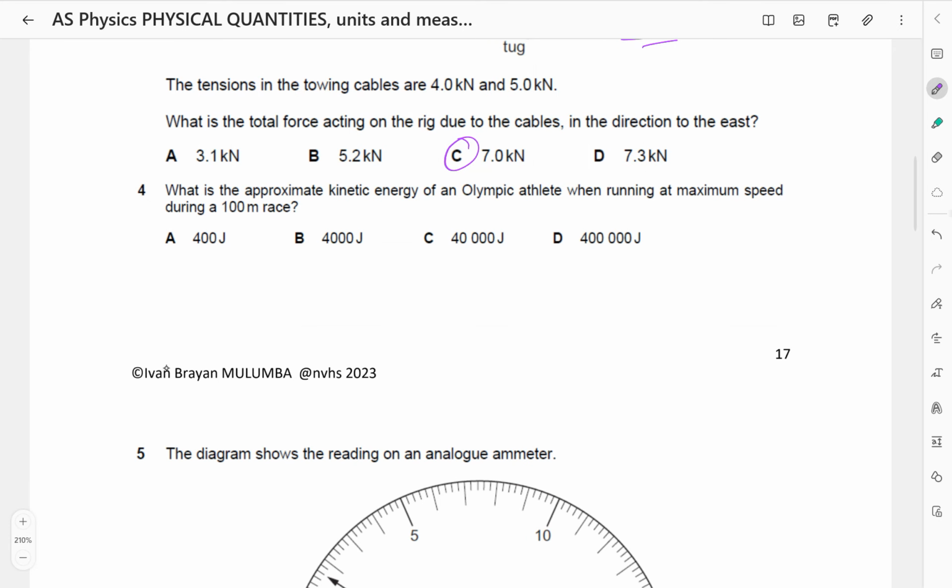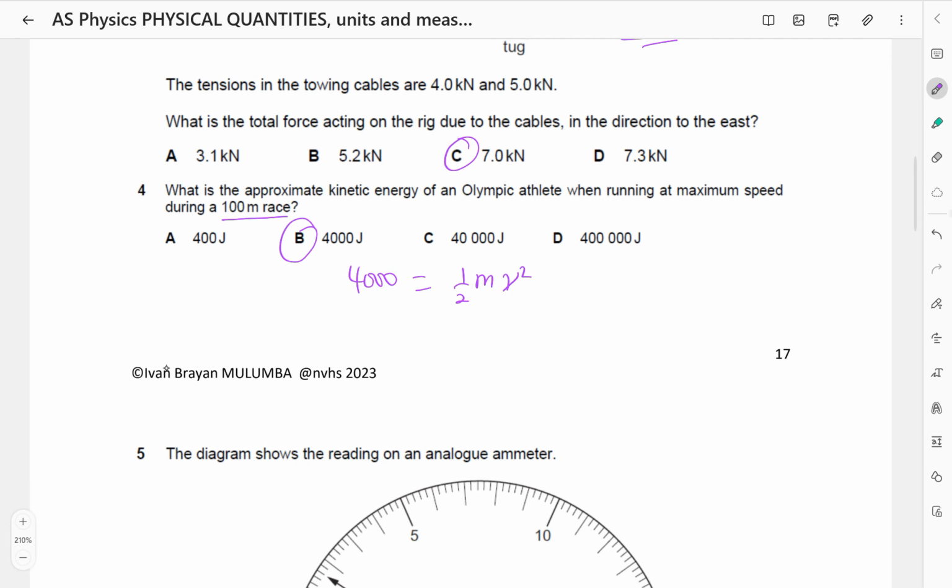What is the approximate kinetic energy of an Olympic athlete when running at maximum speed over 100 meters? I think we have answered this question already, and the answer is B. Remember, kinetic energy is equal to a half times the mass times v squared.